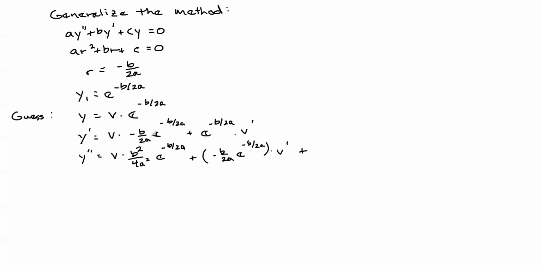All right, so product rule on this piece. We have to do product rule on this piece too. So we have first times the derivative of the second plus second times the derivative of the first.